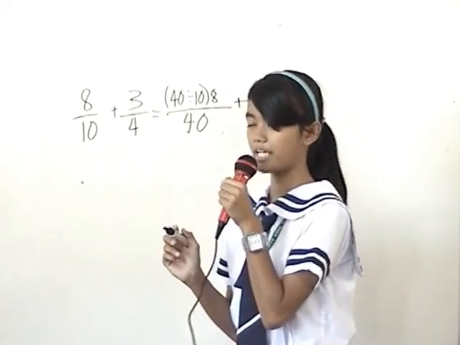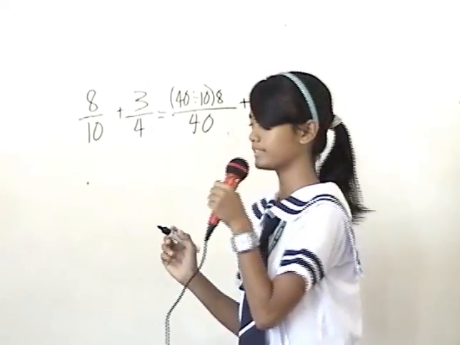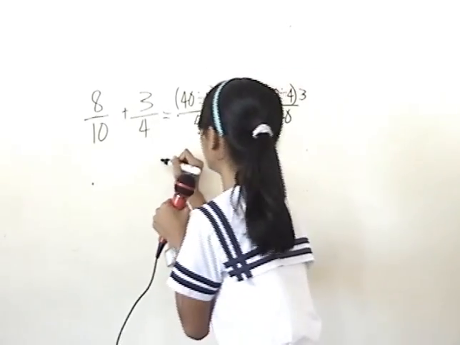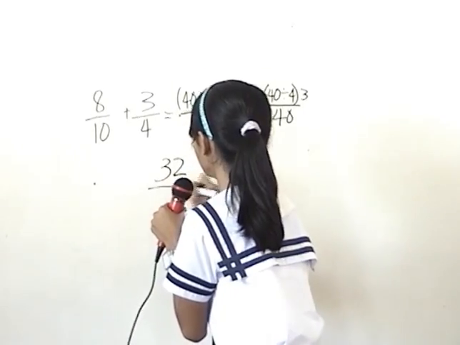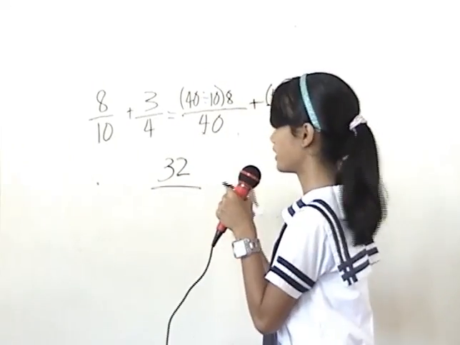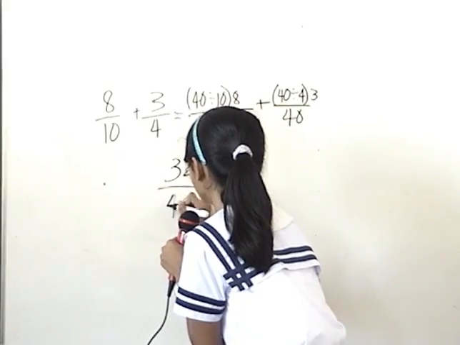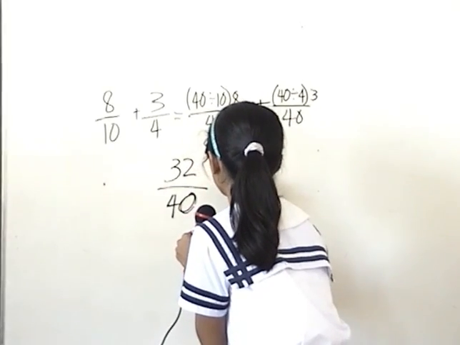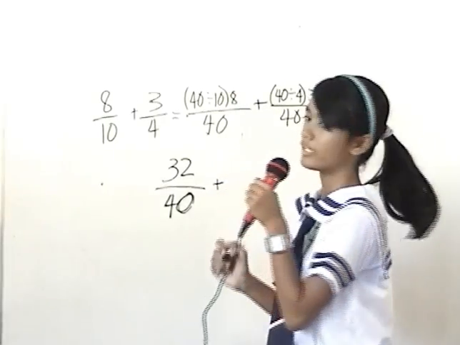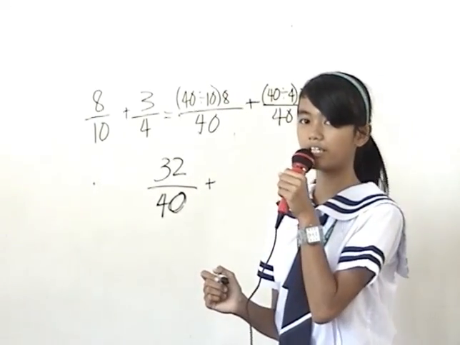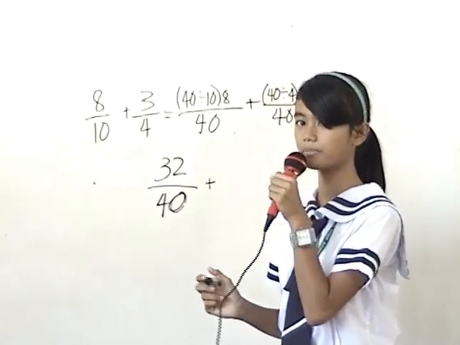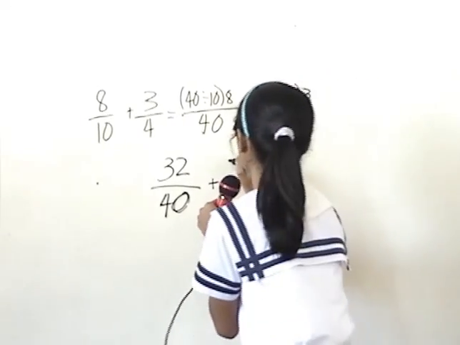40 divided by 10 is 4 times 8 equals 32. And we will just copy the denominator. Forty divided by 4 is 10 times 3 equals 30.